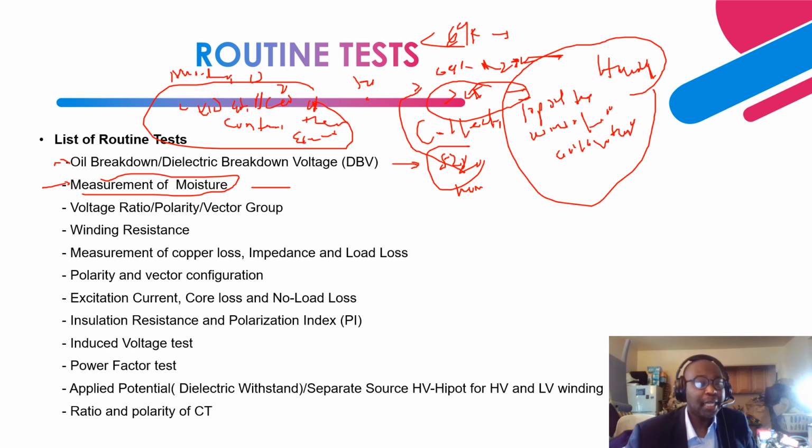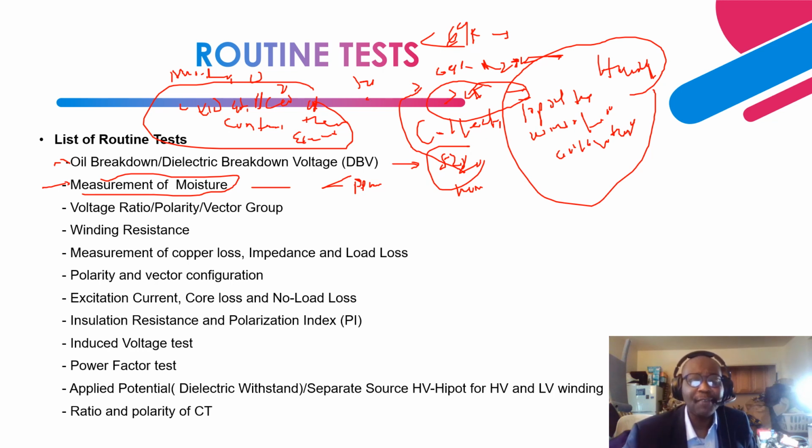Similarly for moisture, the goal is to minimize the moisture level in ppm, parts per million. That itself is also classified; the criteria level is classified based on the voltage level. Below 69 kV, there is a certain criterion that is supposed to be met.